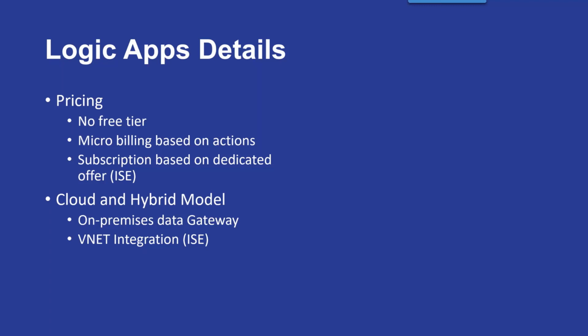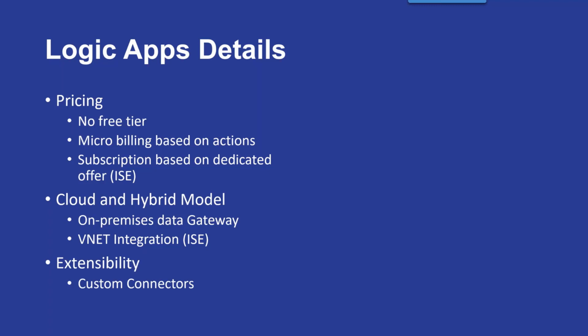Some of the connectors for Logic Apps have the ability to connect via the on-premises data gateway. If you want to do a hybrid model based on integration, with direct integration between your own on-premises network and a virtual network, this is another place where the ISE can help you. So you have VNet integration just based on the Integration Service Environment.